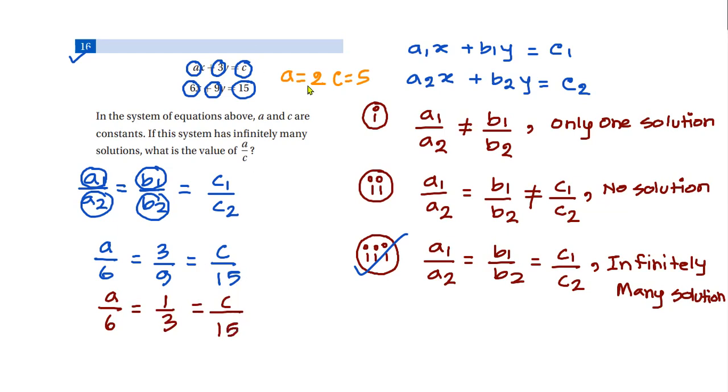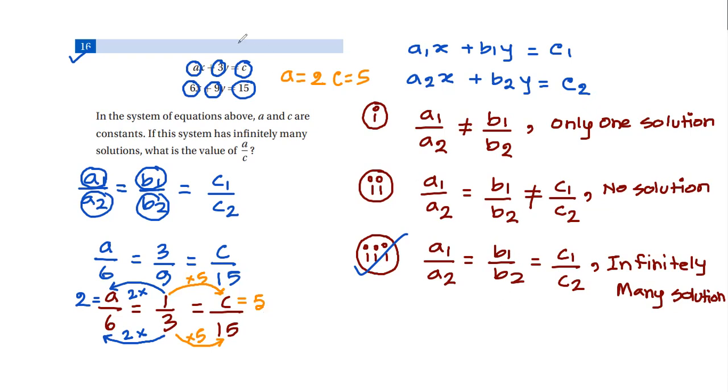Now from this proportionality, 3 becomes 6 by multiplying by 2, so you multiply the same thing, 1 times 2. 1 times 2 is 2, so a value is 2. And in the same way, 3 becomes 15 by multiplying by 5. So you multiply the same thing, 1 times 5 gives you 5. So c is 5. That's it.